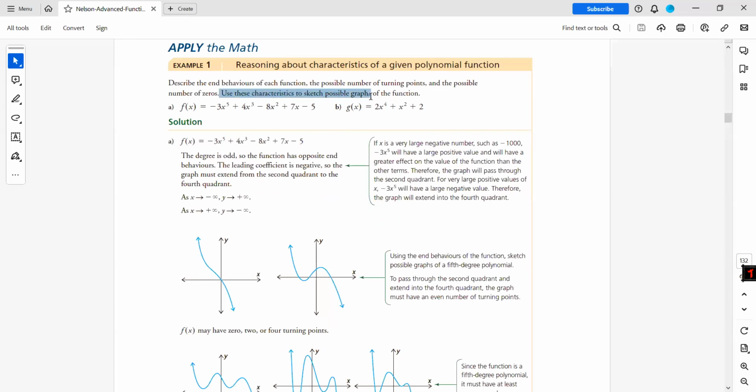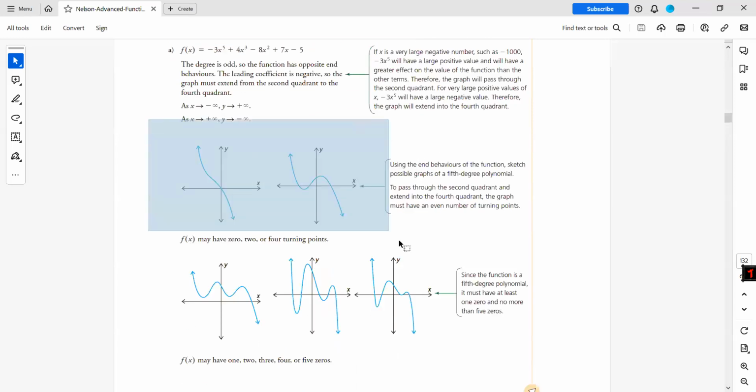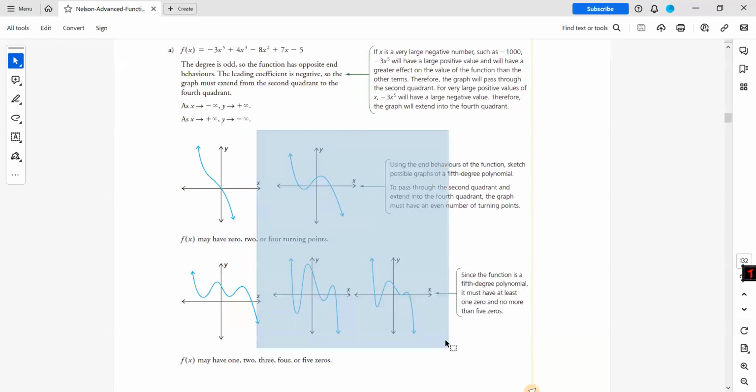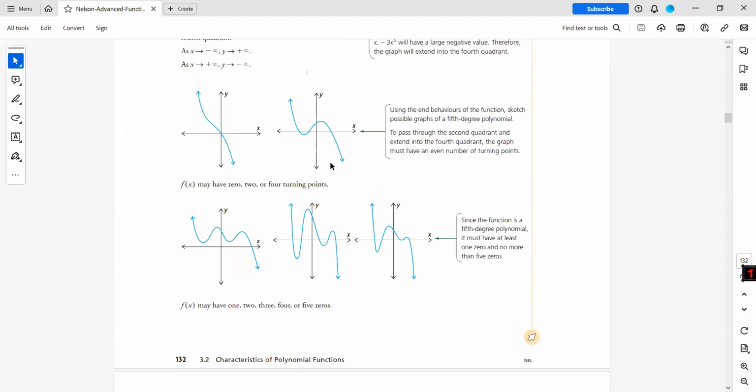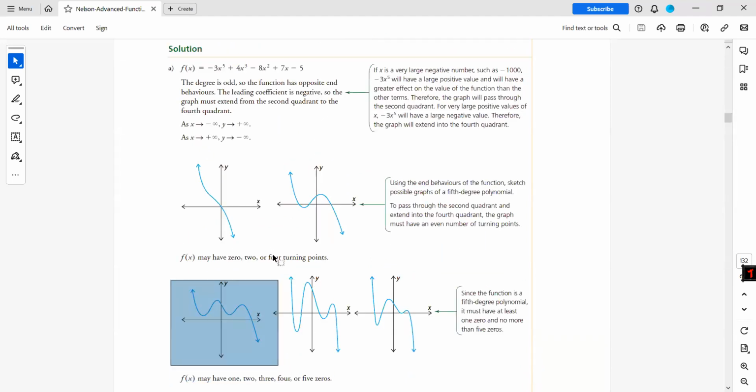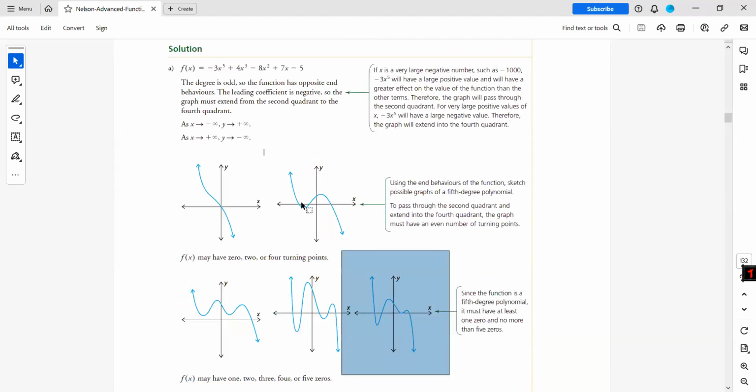Here you can see that they applied the method of trial and error, and they showed that there are many different types of graphs with the same properties with respect to their end behavior and number of turning points, but they do not all share the same zeros, right?